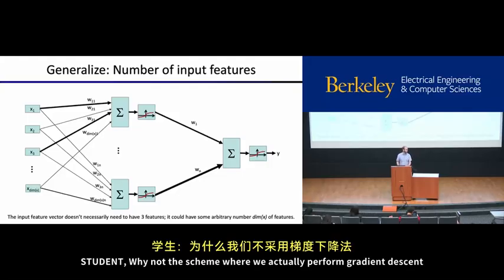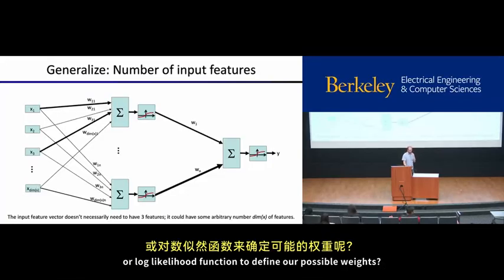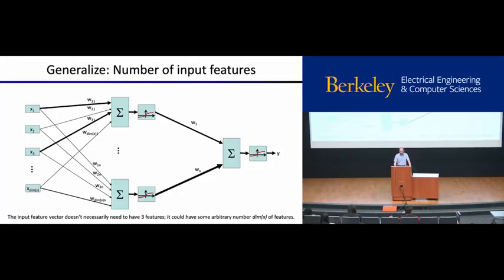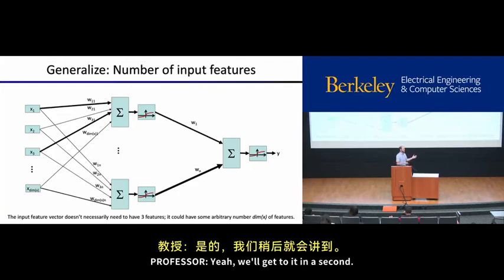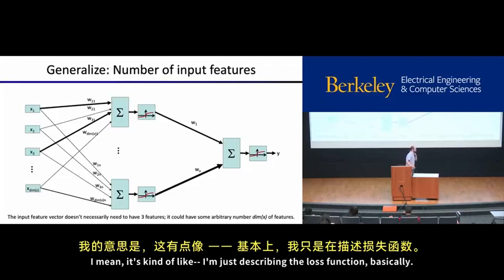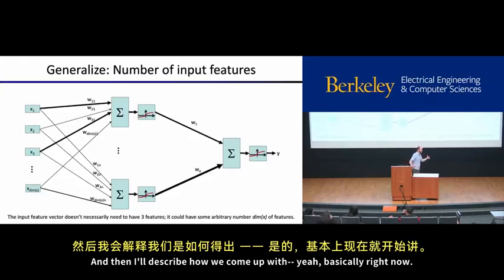When in this scheme would we actually perform gradient descent on our log likelihood function to find our probabilities? Yeah, we'll get to it in a second. It's kind of describing the loss function basically, and then I'll describe how we come up with the weights.